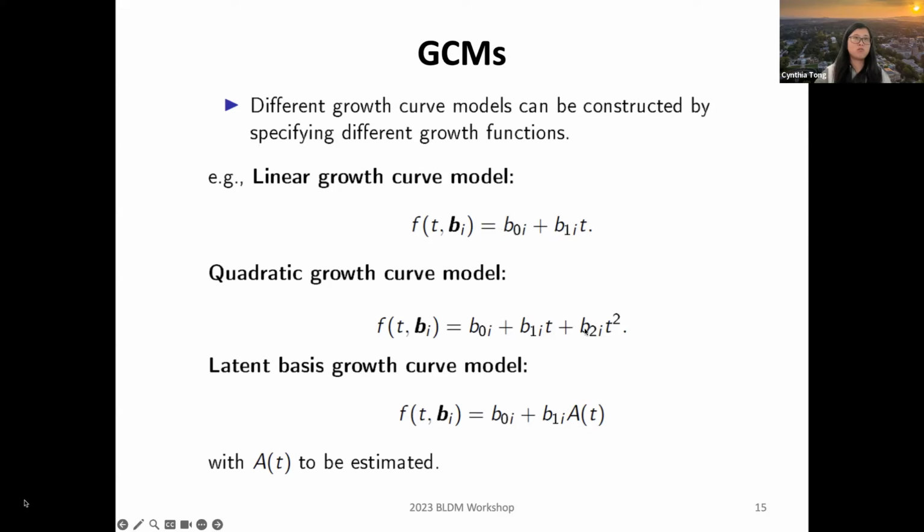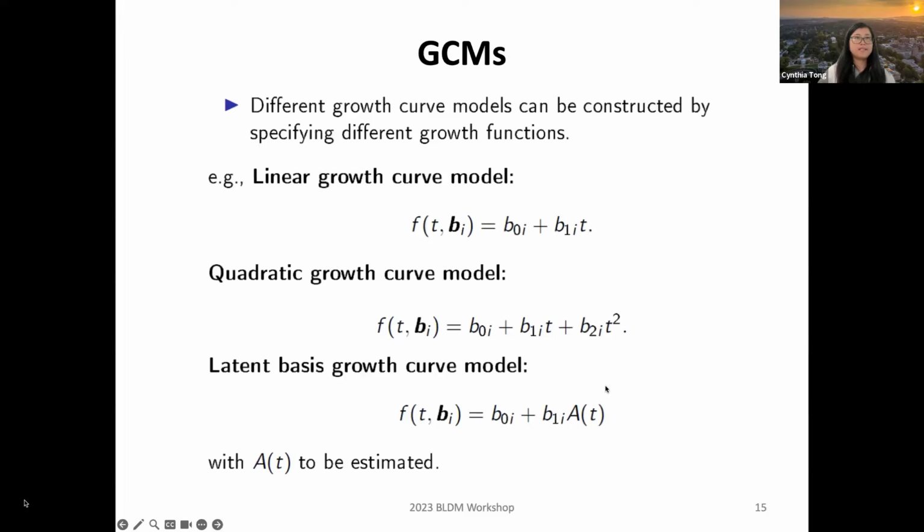For quadratic growth curves, it is b_0i, which is the intercept, plus b_1i times t, the coefficient for the linear term, plus b_2i times t squared. That's the quadratic growth curve.